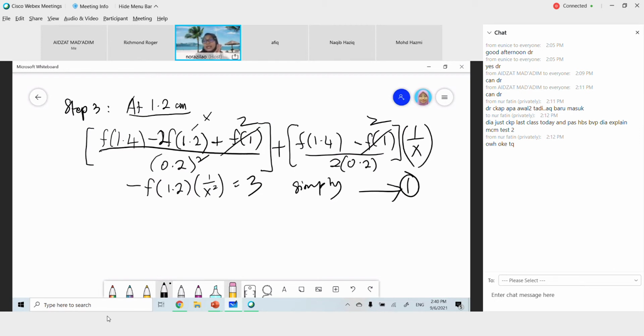So you akan ada tiga unknown. Ini unknown. Ini dengan ini boleh combine. Okay, ini dengan ini, you kena tengok. So simplify that one. Okay, please simplify.